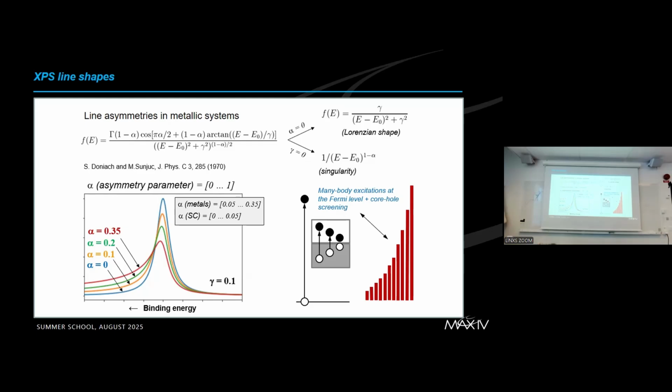And then the next one, because we have to excite this one, and the next one, and so on. One can also see that this asymmetric tail goes down here because the probability of this excitation is smaller than the probability of that excitation. So this is a very natural shape for gapless systems. You cannot create a line which would not have any additional excitations in metallic systems. That's why you always have an asymmetric shape.